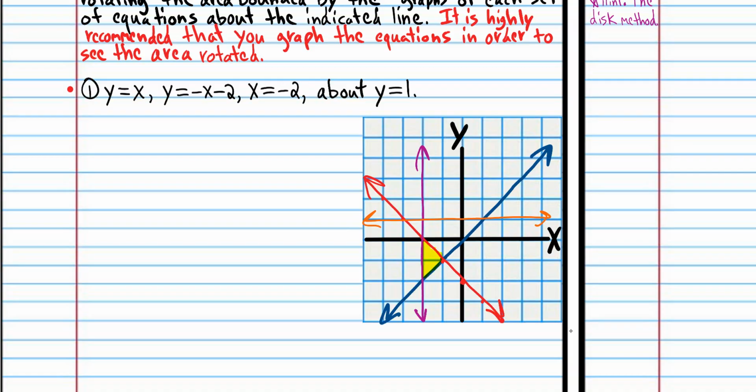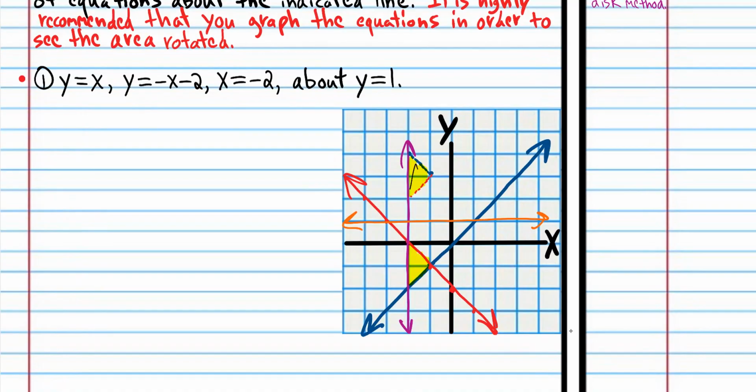Our blue line is going to be somewhere up here, and our red line is going to be here. So we're going to get this type of solid.